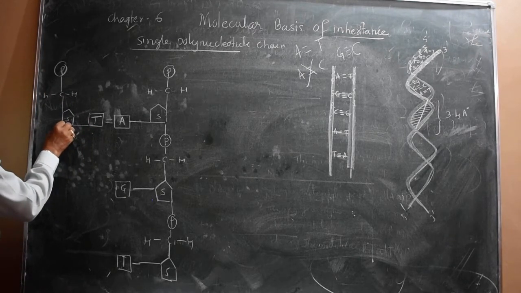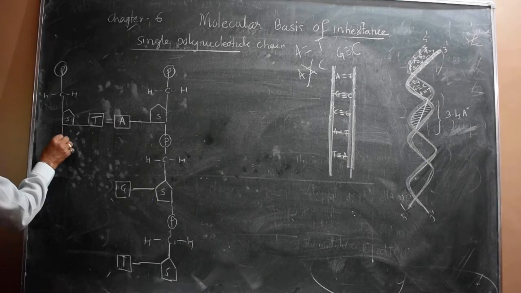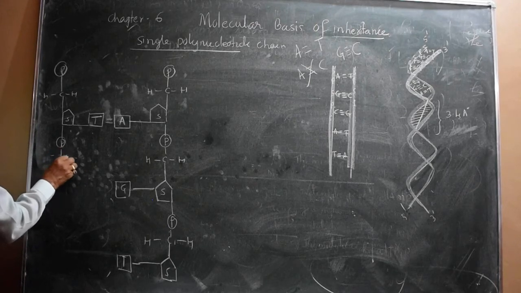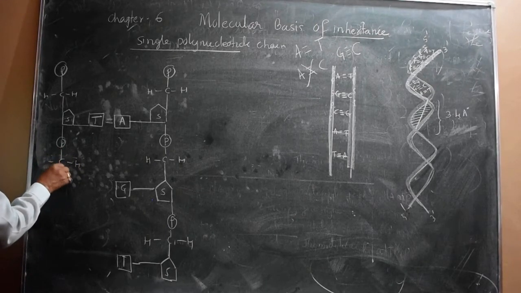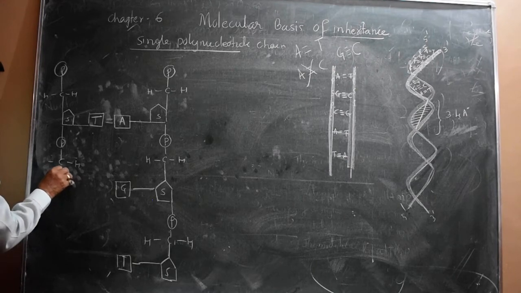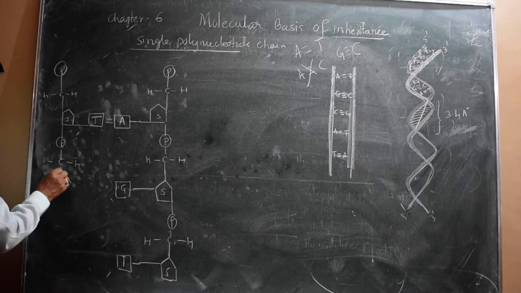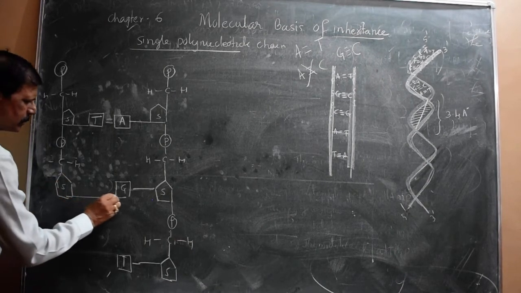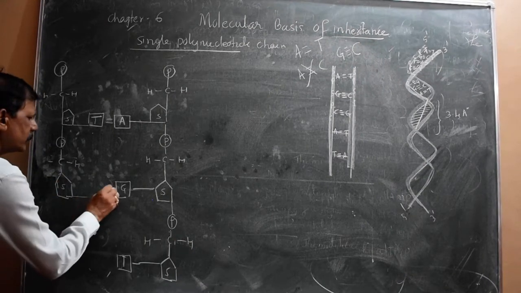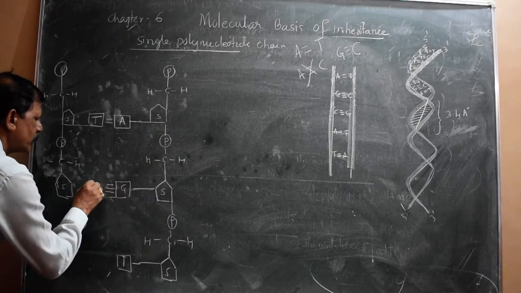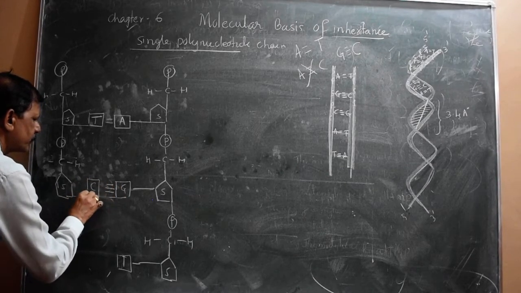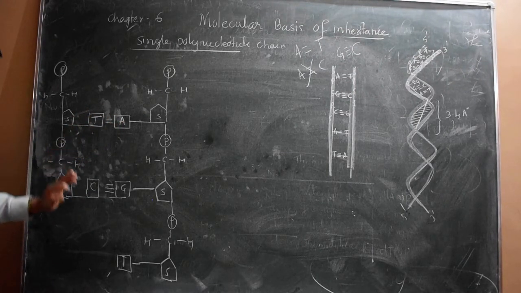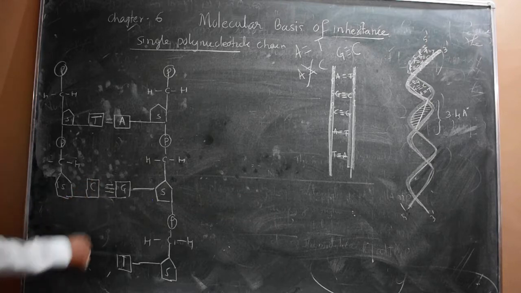Then once again to this there must be one more connection, C, H, and here one more pentose sugar connection attached to this. Sorry, triple bond C. So A double bond T or T double bond A, C triple bond G or G triple bond C. Now it is double stranded.